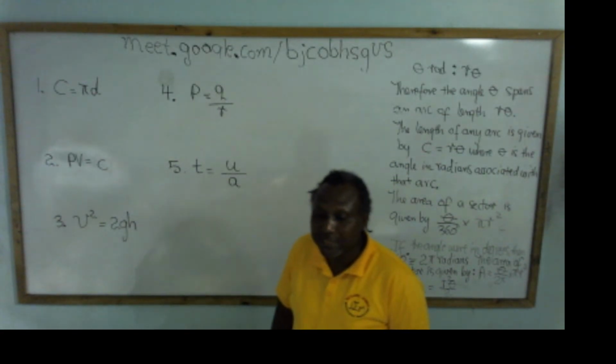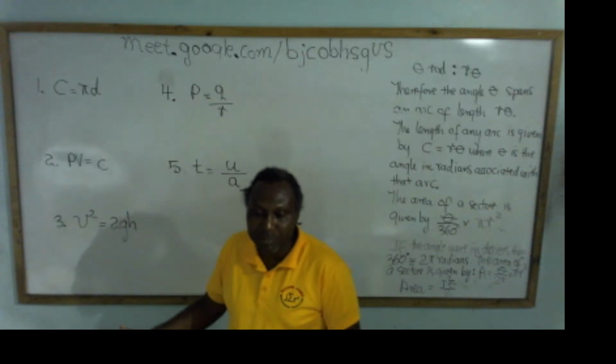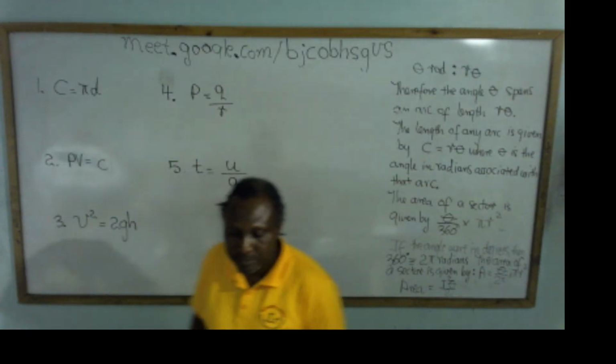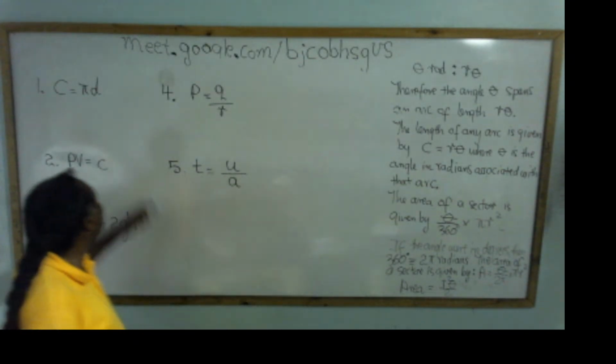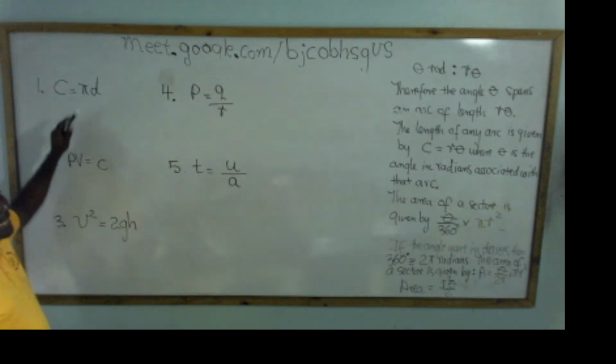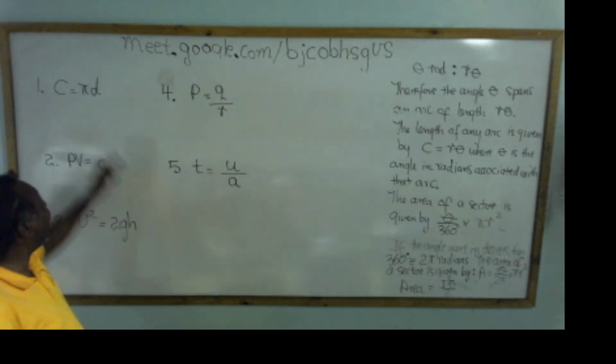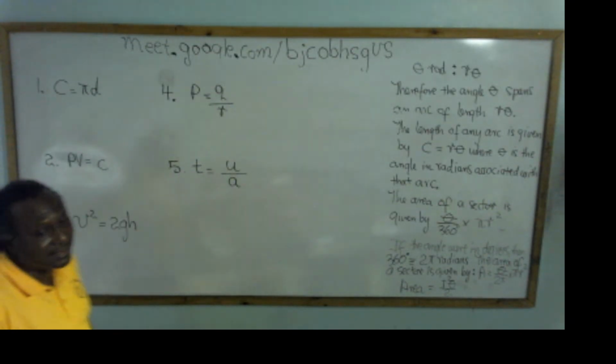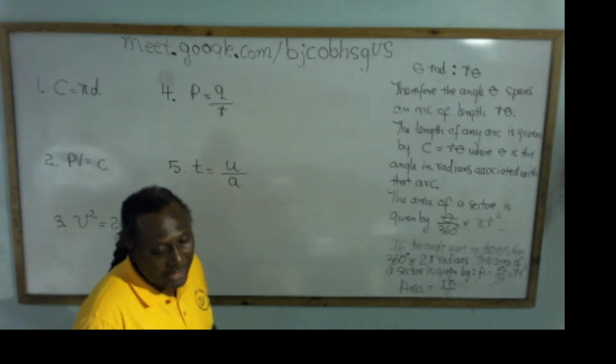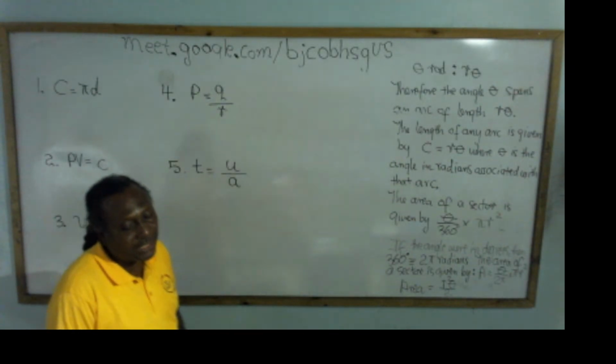The proposed subject is D. As you can see, we have pi d. Pi d means pi times d. So pi is related to the proposed subject by multiplication. They are in a multiplication relationship.